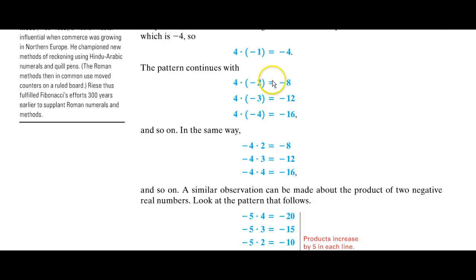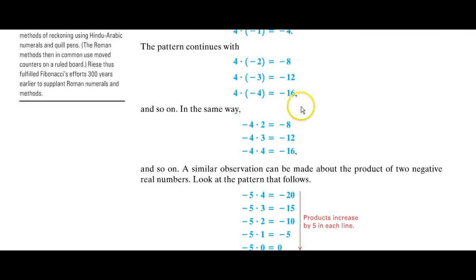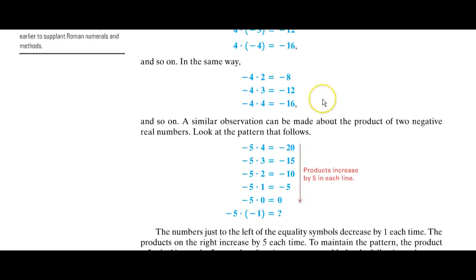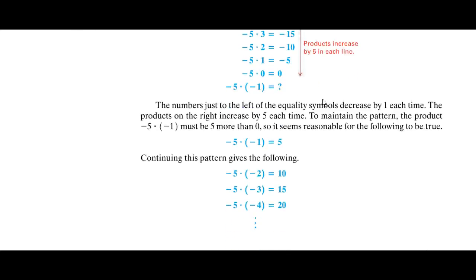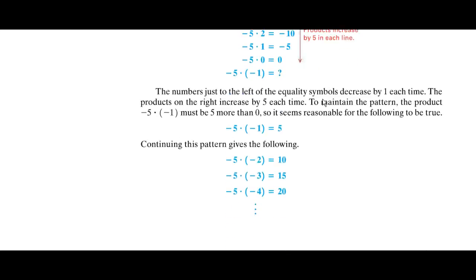And they're continuing the pattern. And they're giving us a lot of examples here. Now, if you are multiplying two negatives, the pattern would be that it's a positive.